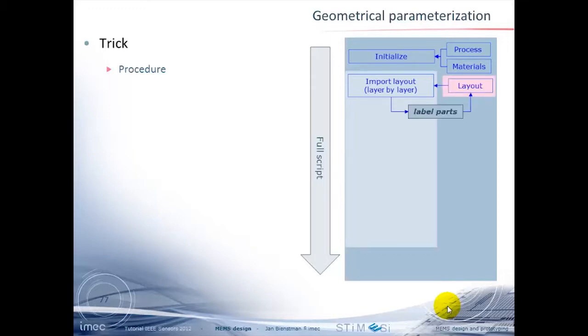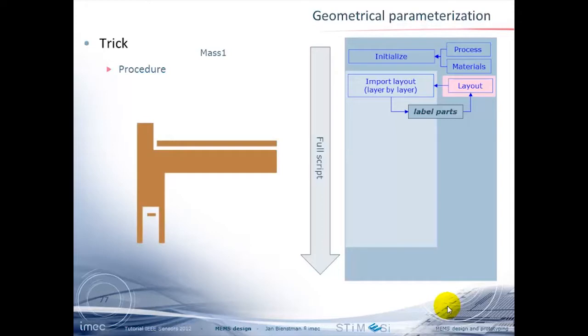So you have your layout, and everything which is in one layer gets a name. So this is my mass. In ANSYS you can hide the object. In COMSOL not, COMSOL puts everything together. But in COMSOL under program control, you can import layer by layer.